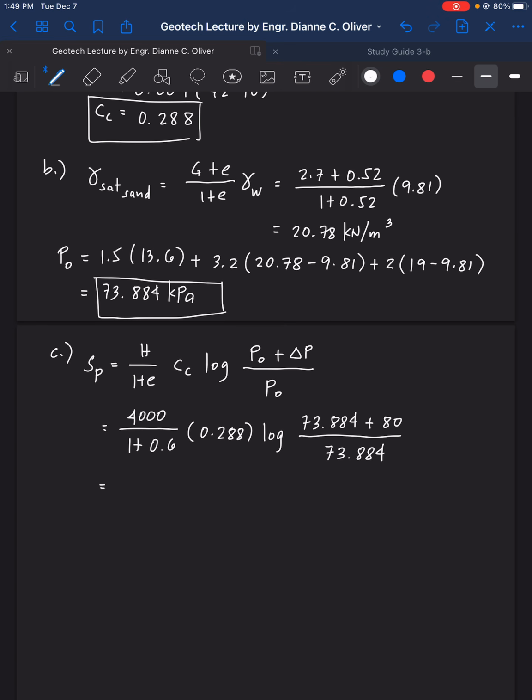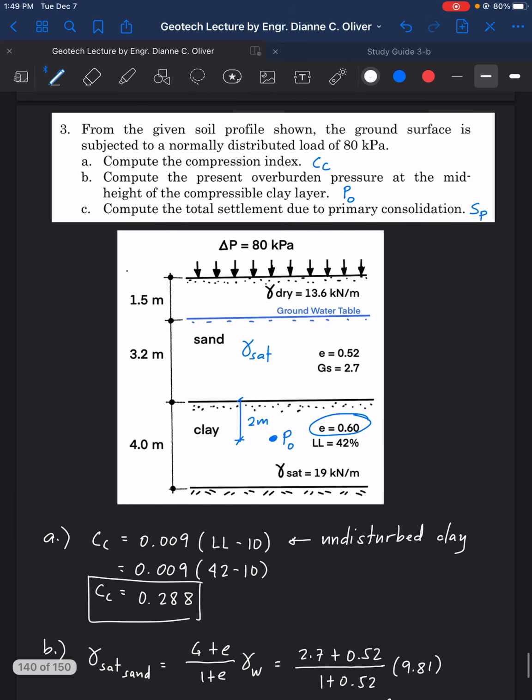So S sub P now is equal to 4,000 over 1 plus 0.6 times 0.288 log of 73.884 plus 80 over 73.884 equals 229.42 mm. S sub P. That's for number 3. Screenshot first before we proceed to the next question.